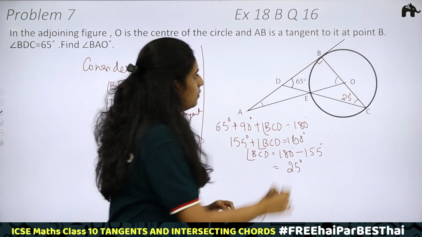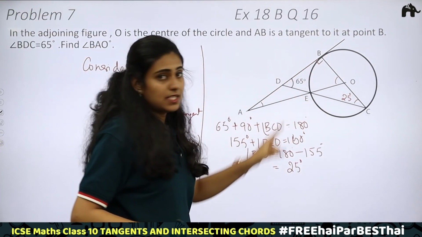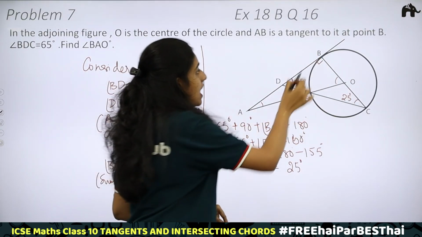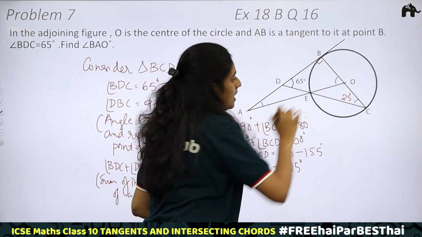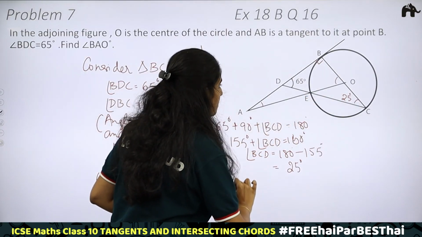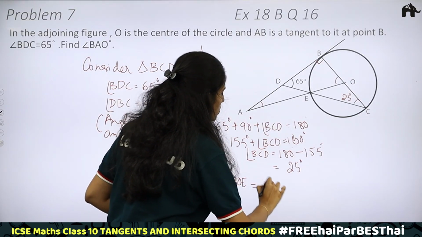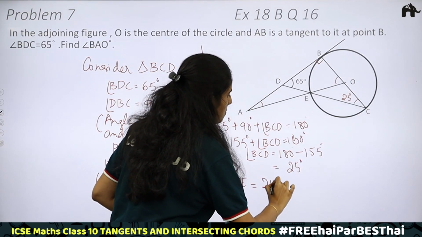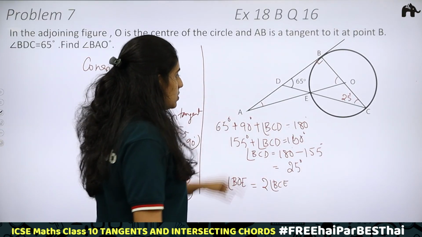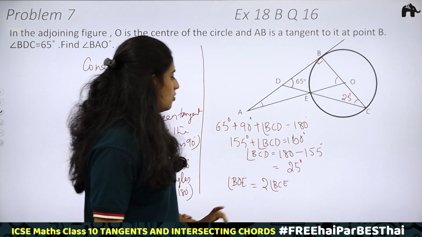Now, if I am considering this arc BE, BE subtends angle BOE at the center of the circle and BCE on the circumference of the circle. Therefore, we have angle BOE is equal to 2 times angle BCE. What is the reason?